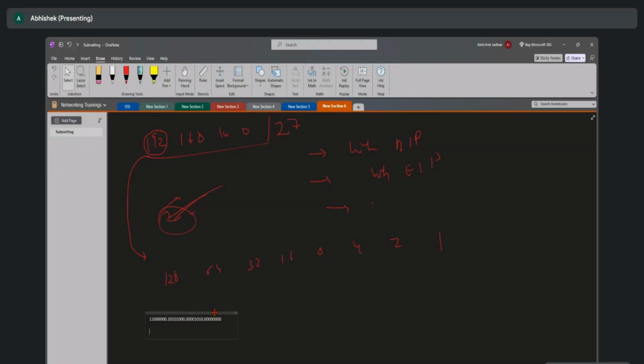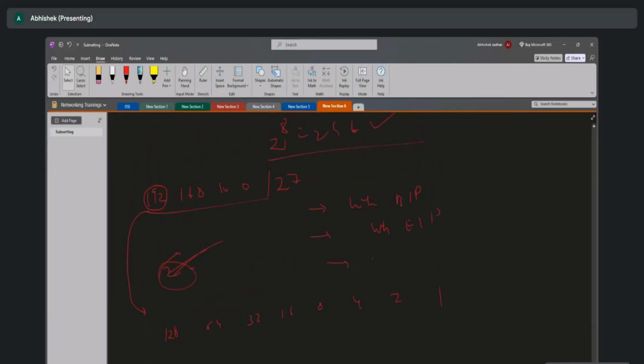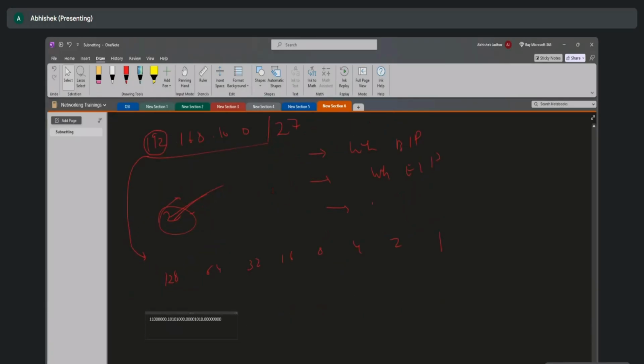Once this is done, you have to see how many bits are occupied for the network. The prefix is 27, so simply mark 27 bits: 8, 8, 8, and then 3.